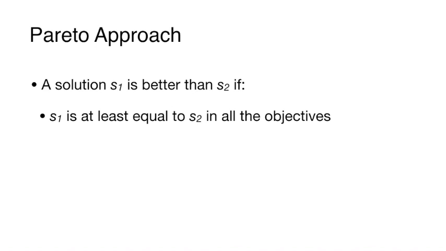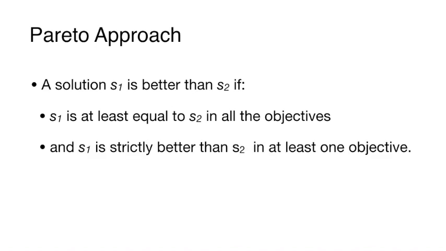We now move to what is perhaps the most common approach to multi-objective optimization, the so-called Pareto approach. This approach simply treats each solution as a trade-off. So a solution S1 is better than another solution S2 if it is at least equal to S2 in all the objectives, and S1 is strictly better than S2 in at least one objective.